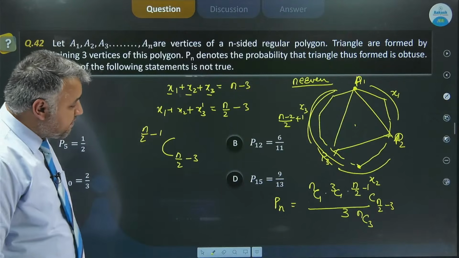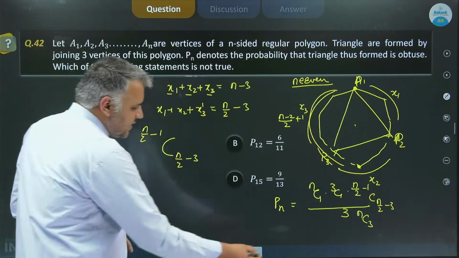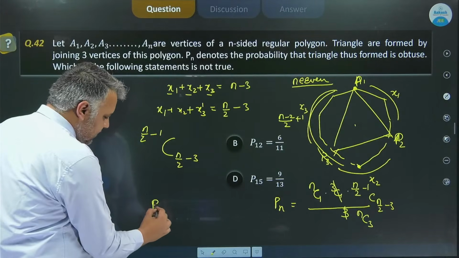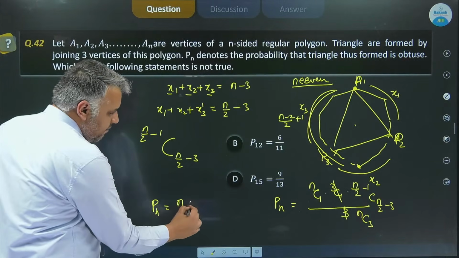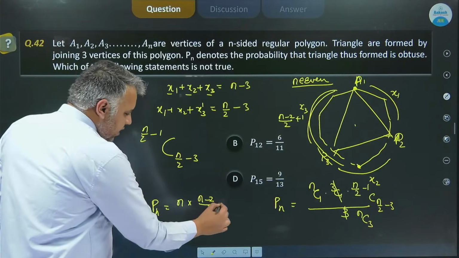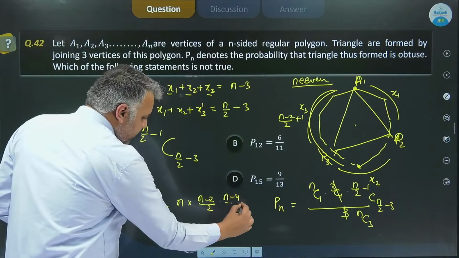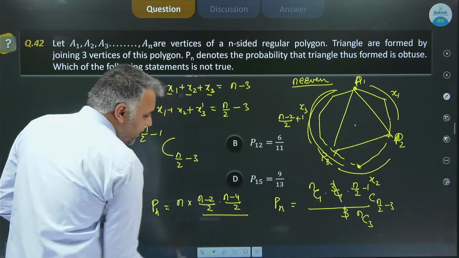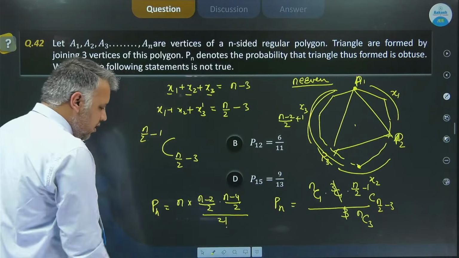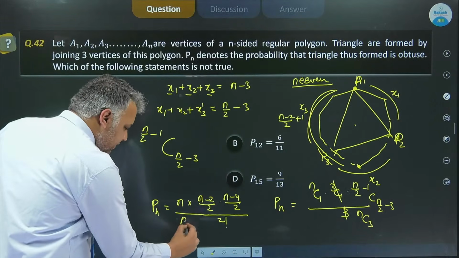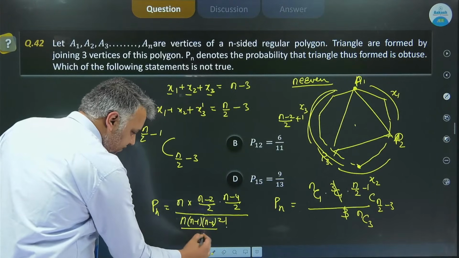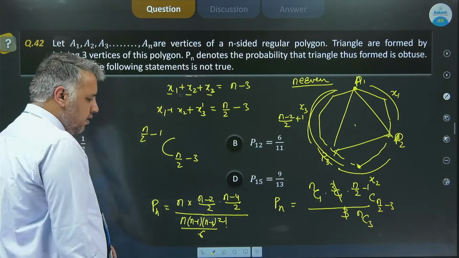If we simplify this, we can see that 3c1 is cancelled out and Pn is nothing but n multiplied by n minus 2 divided by 2 into n minus 4 divided by 2, divided by 2 factorial, and the whole divided by NC3, that means n into n minus 1, n minus 2 divided by 3 factorial, that means 6.